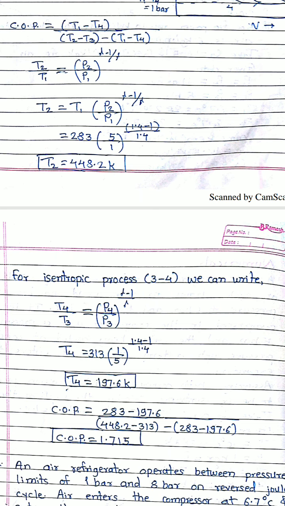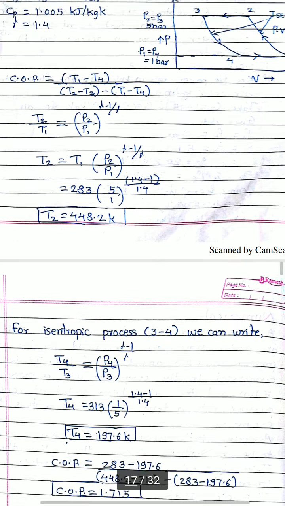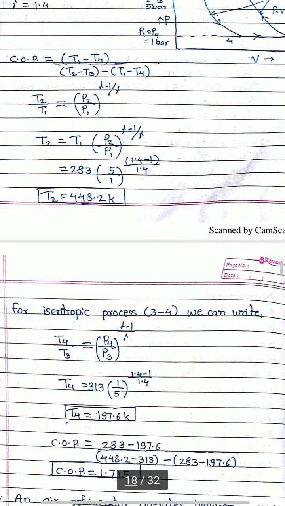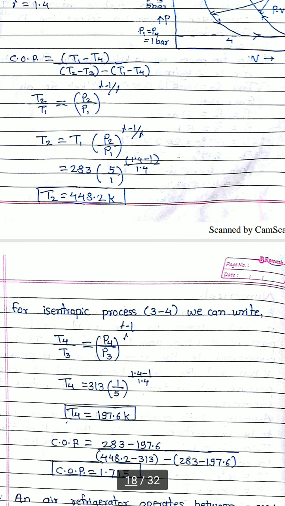Therefore the COP of a refrigerating system working on a Bell Coleman cycle is equal to (T1 minus T4) divided by (T2 minus T3) minus (T1 minus T4). Same formula as written here.